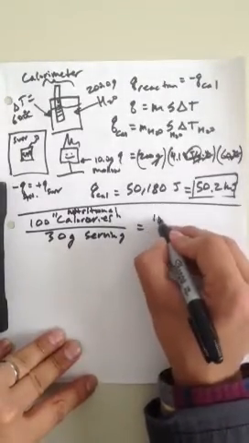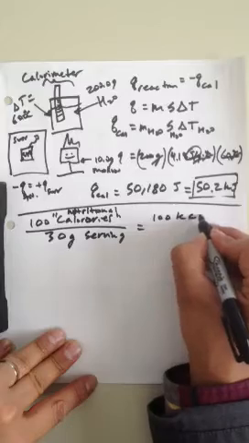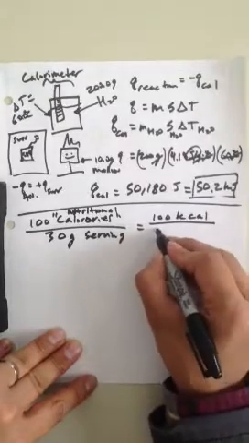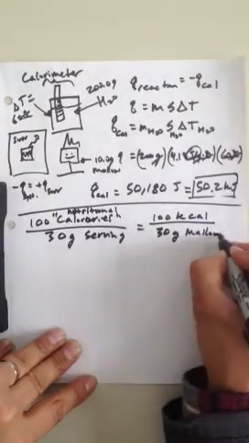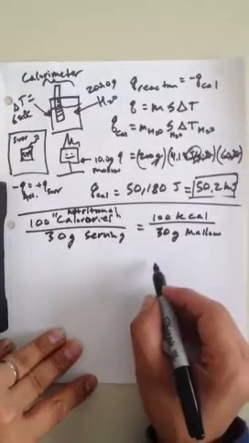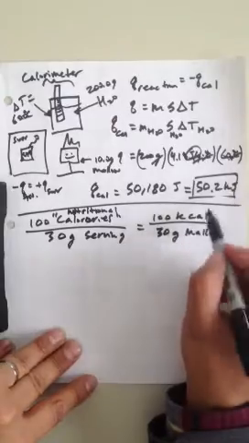So it's really saying there's 100 kilocalories for every 30 grams of marshmallow. Okay? So let's see if we can compare this guy to this.